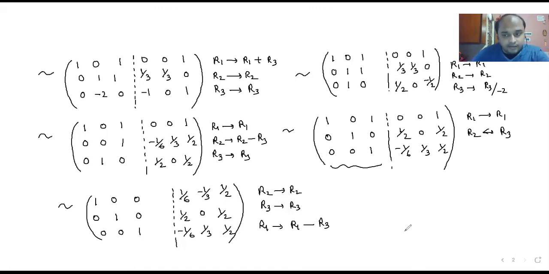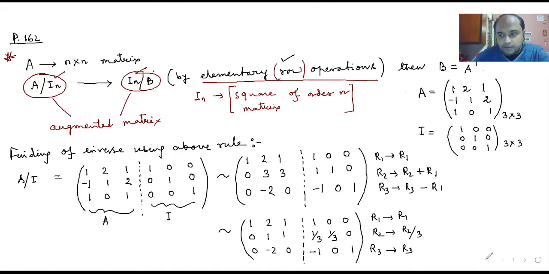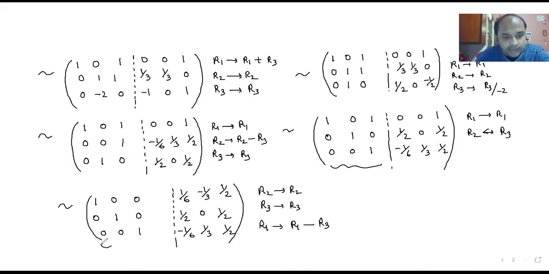Now you see, we started with this matrix A, and on the right hand side we had I, and now lastly on the left hand side we have got I, that is I3, and on the right hand side another matrix, let us name it as capital B.